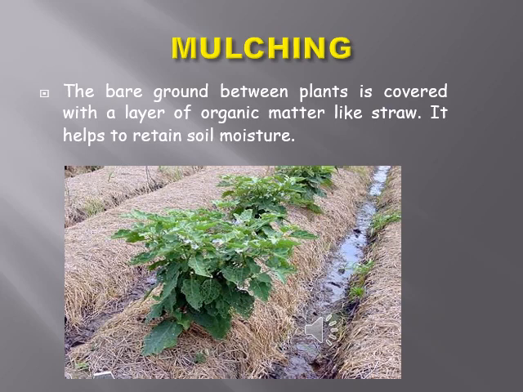So basically they are covering the land area using straw or such things. Sometimes people use coconut leaves to cover the land. What is the reason? If it is exposed during daytime, sunlight will evaporate the water content in the soil. So to prevent that and help to retain moisture, we are covering the land with straw or such natural plant organic matter. So that method is called mulching.